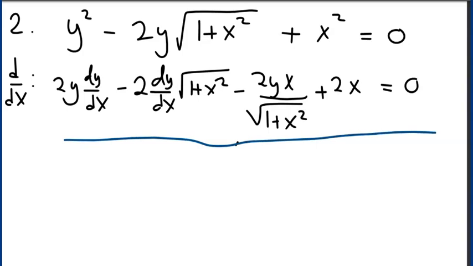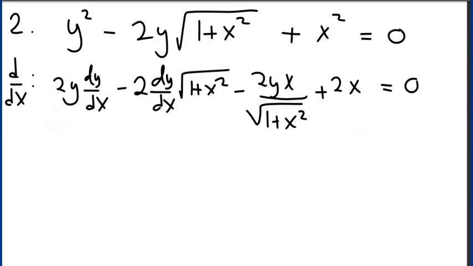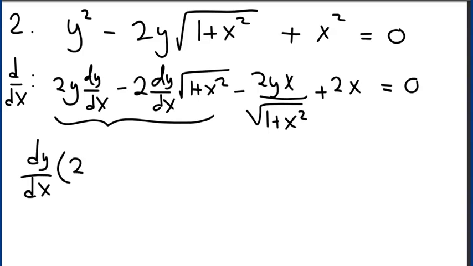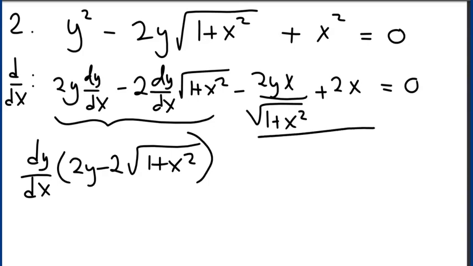Now let's simplify it. Let's factor out dy/dx from the first two terms, and that will give you 2y minus 2 square root 1 plus x squared. And let's factor the second, third and fourth terms.